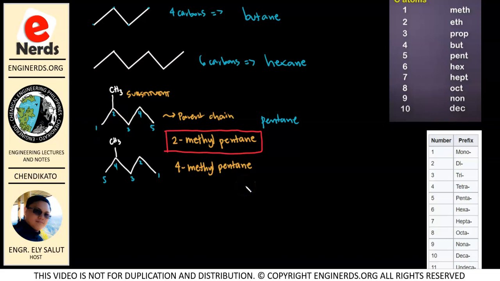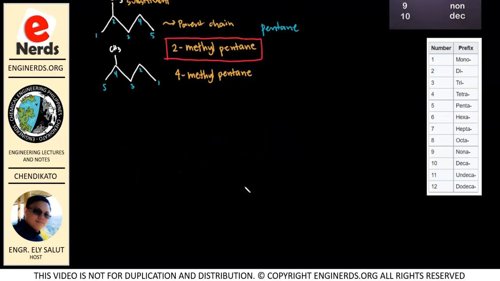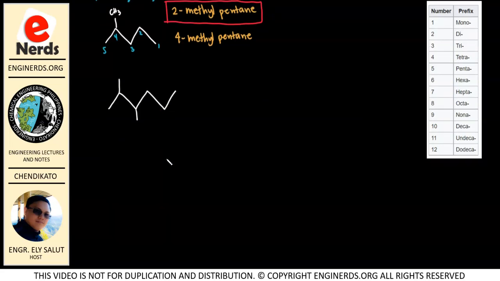Now, let me give you another example. I have this structure, and I have a substituent here and a substituent here. Should we count from left to right or from right to left? Let me write this first in another representation.